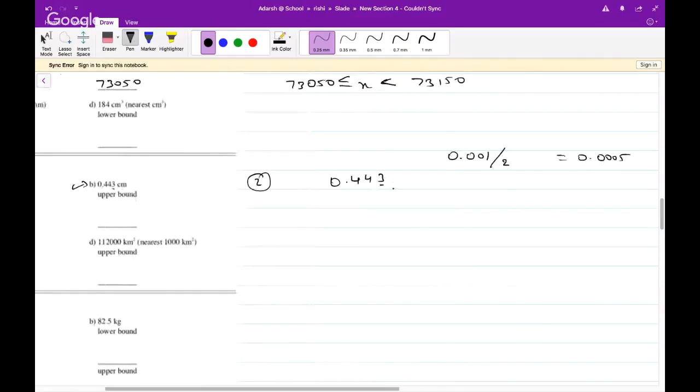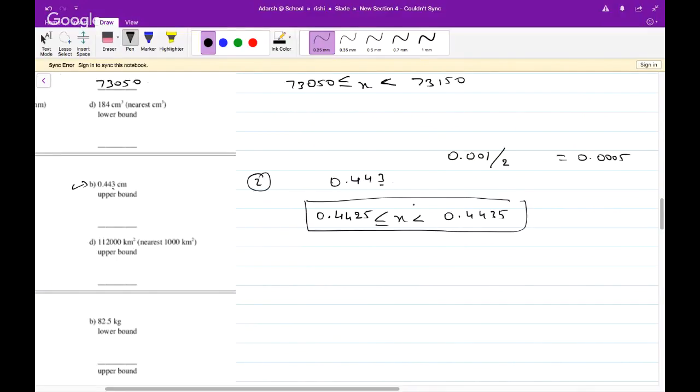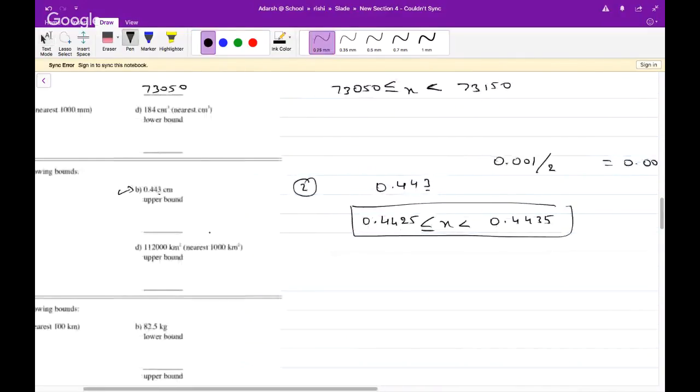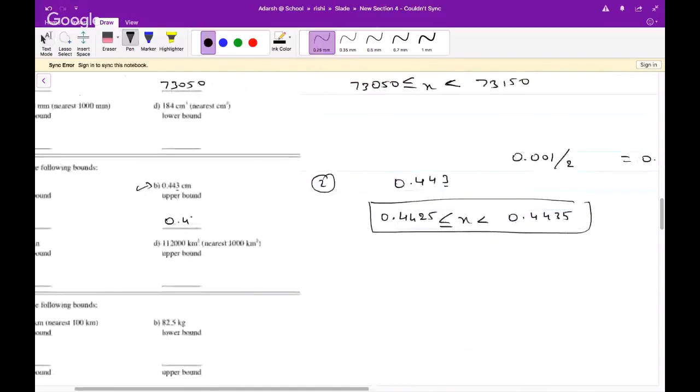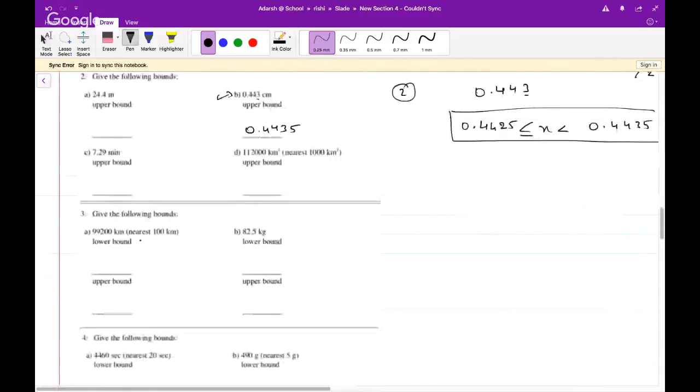Subtract 0.0005 from this and add it, so you end up getting 0.4425 and 0.4435. So the value of x lies between these. This is the lower bound and upper bound. The question is only to find the upper bound, so it is 0.4435. Similarly, figure out all the rest.